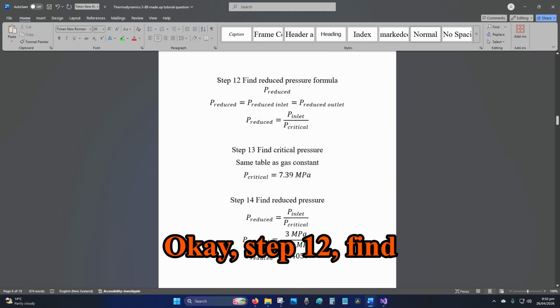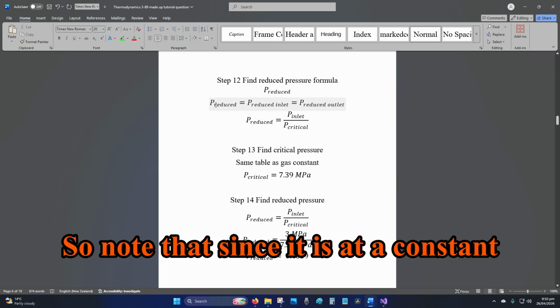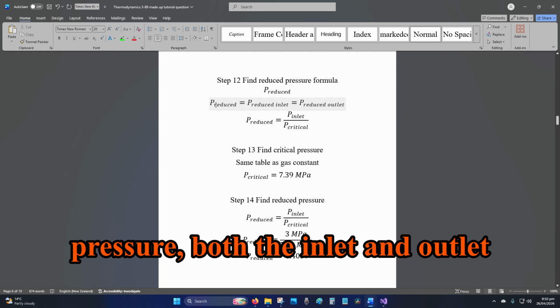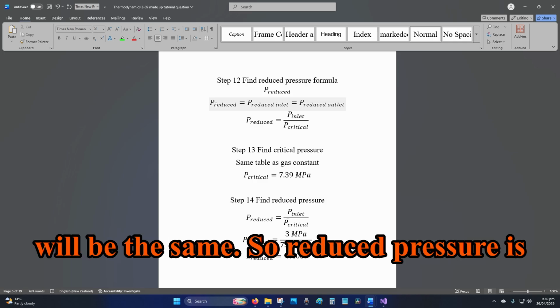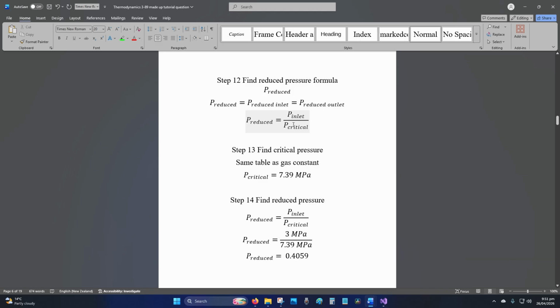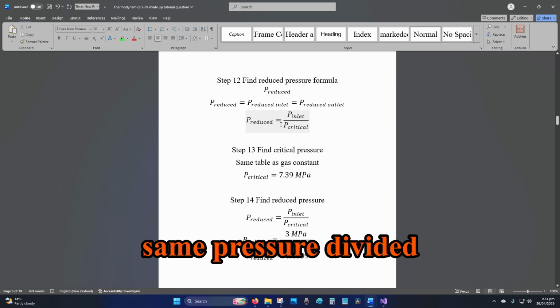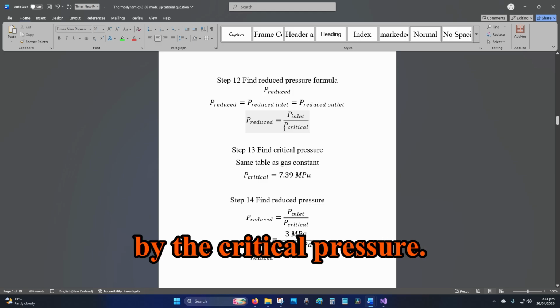Okay. Step 12, find reduced pressure formula. So note that since it is at a constant pressure, both the inlet and outlet reduced pressure ratios will be the same. So reduced pressure is equal to the inlet pressure in this case, but also for the outlet because it's the same pressure, divided by the critical pressure.